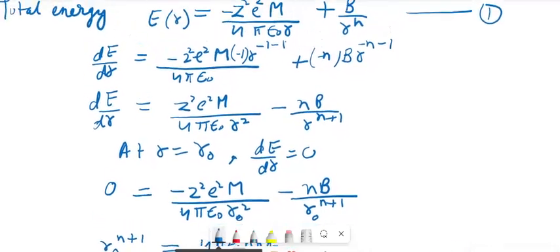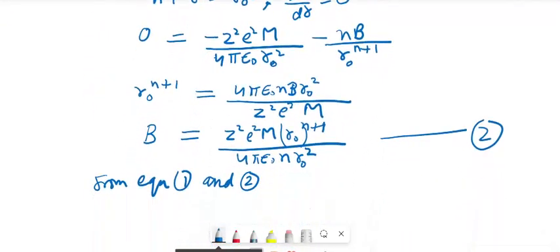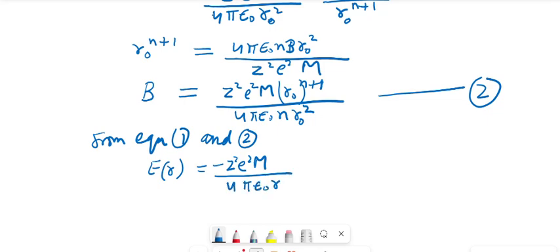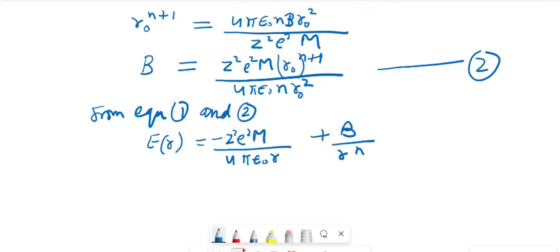So if we put this value of B, the equation was E R is equal to minus Z square e square M by 4 pi epsilon naught R plus B upon R to the power n.